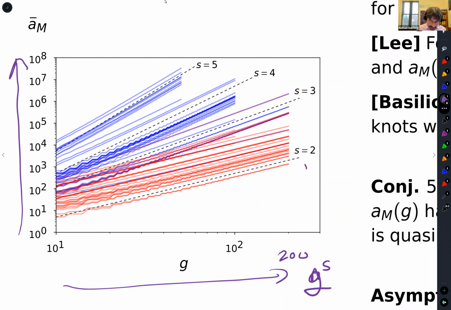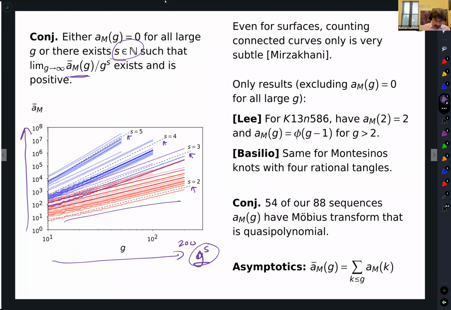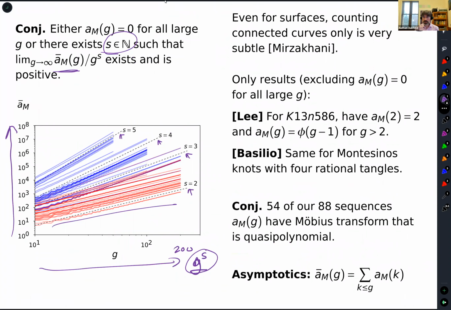These dotted lines are just sample lines of slope 2, 3, and 4. And you see that the observed data comes in families: a family where the slope is 2, a family where the slope is 3, 4, 5. So they do seem to grow not just like G to some power, but G to some integral power, independent of whether they're the kind we have a conjecture for the pattern or the kind we don't. There's a lot of data behind this, and that's the conjecture.